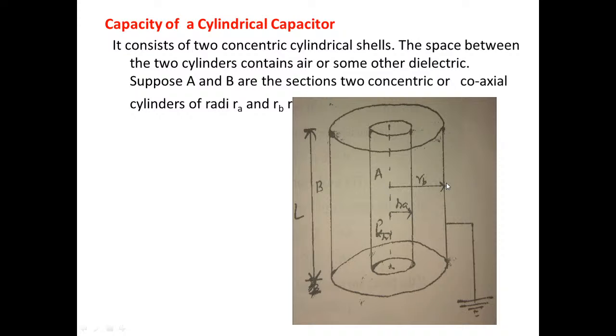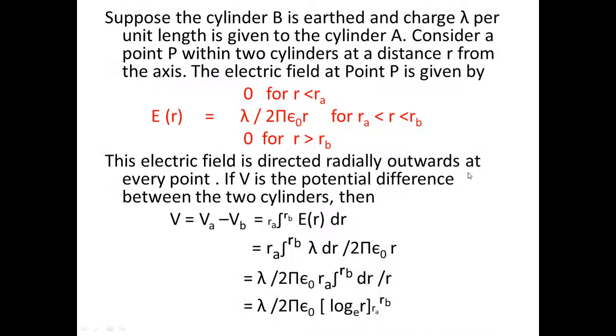Suppose A and B are two sections of concentric coaxial cylinders of radii RA and RB, where RB is greater than RA.